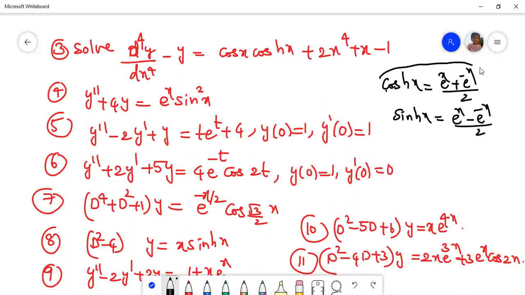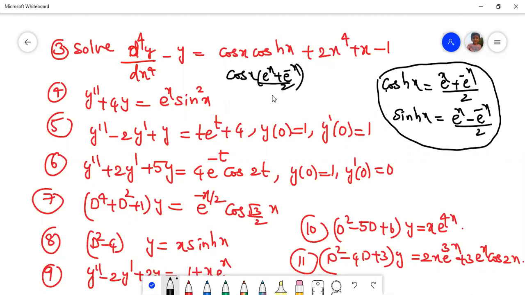If we write the hyperbolic functions in exponential form, then we can write cos x into (e^x + e^-x)/2. Then it is in the form of e^ax V, and the other part is of the form Q(x) = x^k. This is the total algebraic function.